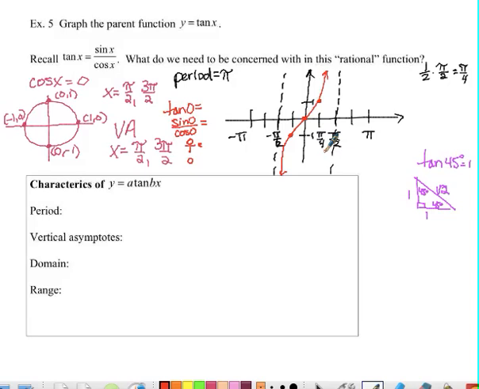All right, so let's look in general. If I have y equals a tangent bx, the period is now pi divided by b. If you follow this technique, we don't need to memorize fancy formulas for our vertical asymptotes.